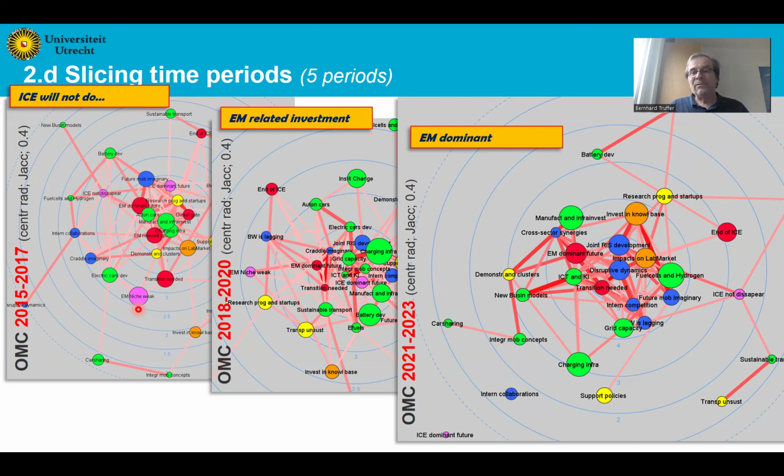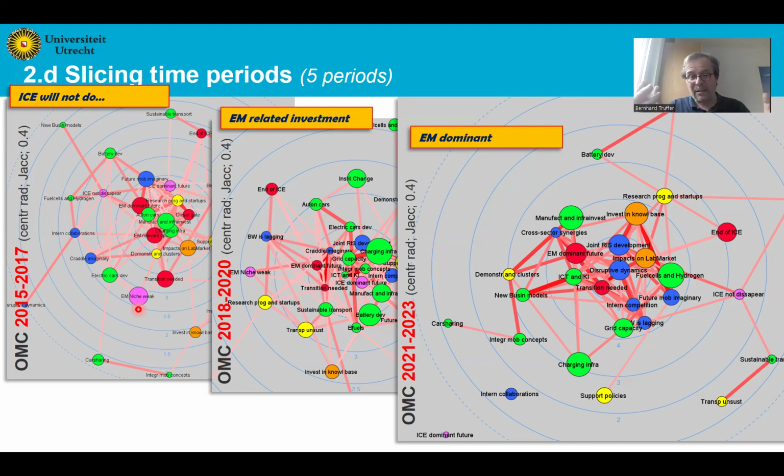So what we see here, of course, is that the more fine-grained we get in the time slicing, the more details we see. And the question is then, what is the optimal level of detail, how fine-grained you want to retrace it. And again, that depends very much on what you're after, what you would like to see.